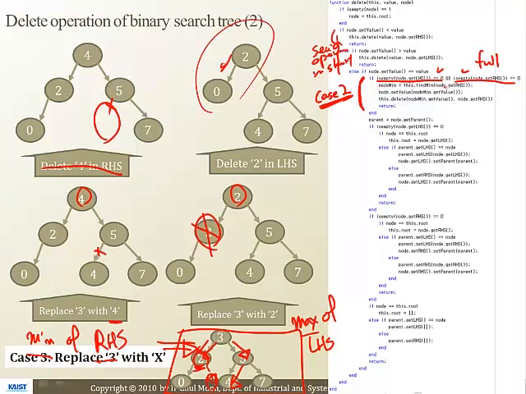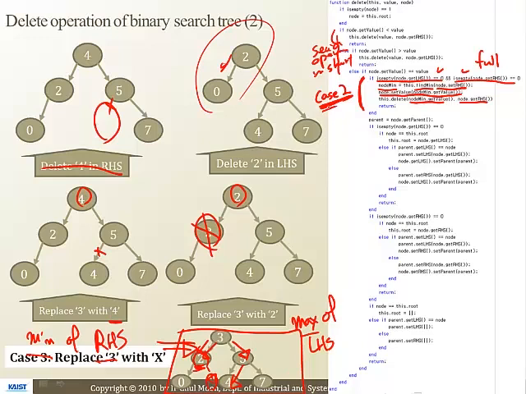And then what you want to do is get the right-hand side node and find the minimum node, right? We set the minimum node's value as the current value and delete that minimum-value node from the right-hand side. So that's the case 2 operation.